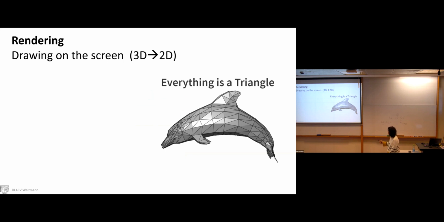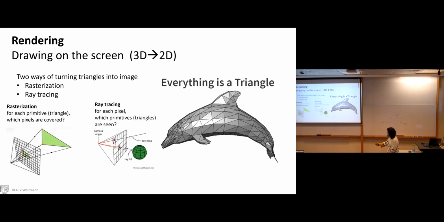So the idea is to move from this triangle embedded in 3D, this is called a triangular mesh, to 2D, and there are two ways to do it. The one is called rasterization, maybe you're familiar with this, and the other one is called ray tracing. And these are very different approaches.